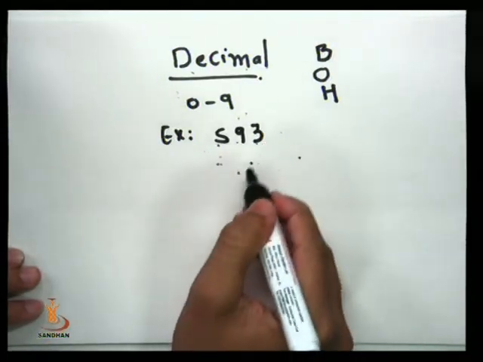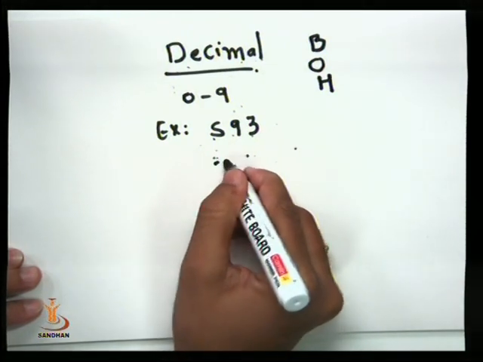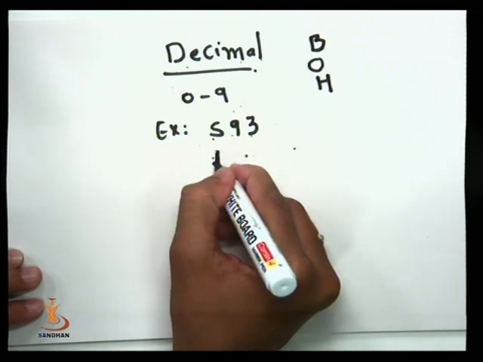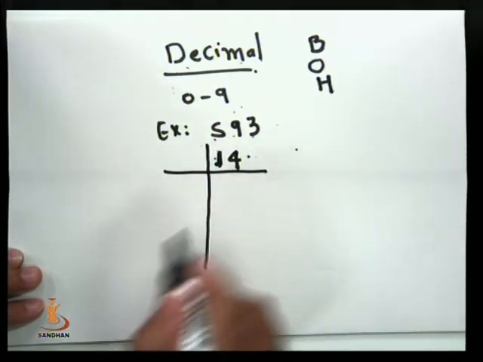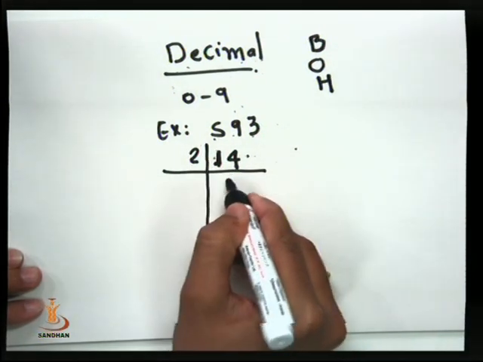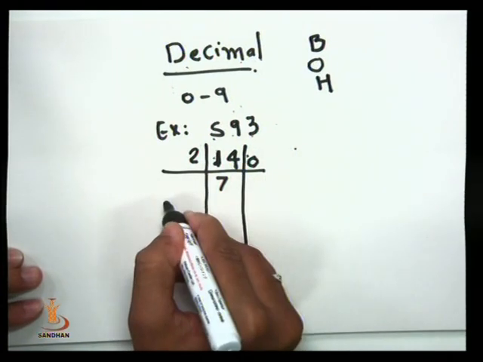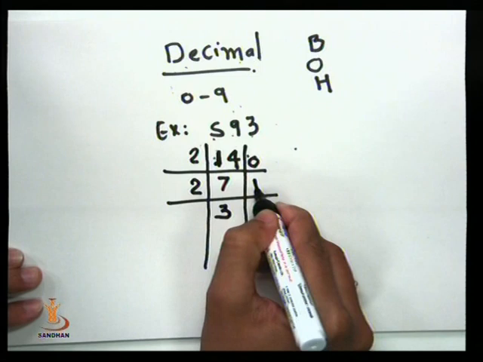So 593, if anyone wants to convert it into binary, there is one way. Let me take a smaller number right now, let's say 14. 14 is my example. Divide this 14 by 2. I will get 7, remainder nothing. Divide by 2. We will get 3 and 1 remains.